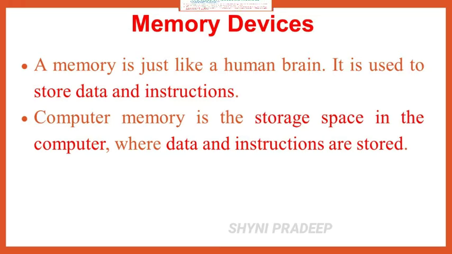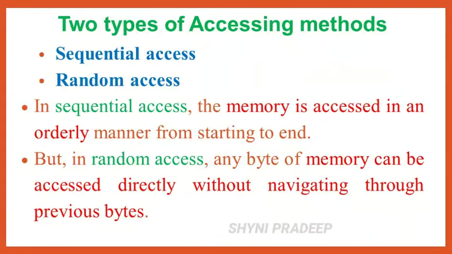There are two types of accessing methods to access the memory. What are they? Sequential access and random access. In sequential access, the memory is accessed in an orderly manner from starting to end, in the sequential order.